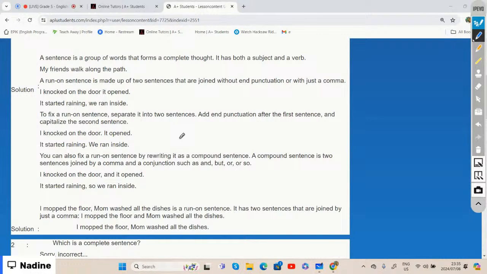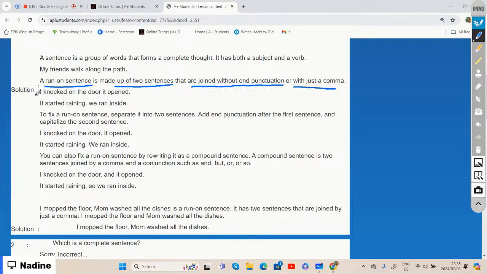And a run-on sentence is made up of two sentences. It's two sentences that can stand on their own, right? But it's only written as one sentence, right? But this sentence has two sentences in it that can stand on their own, and they are joined either without an end punctuation or with only a comma.